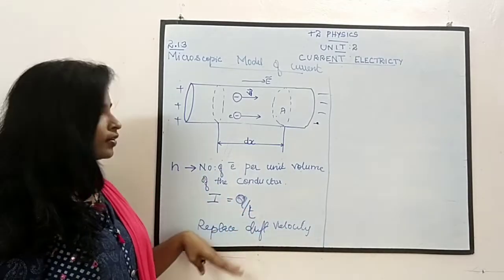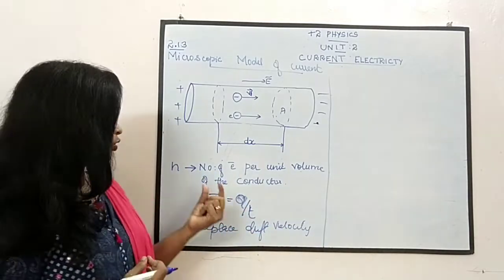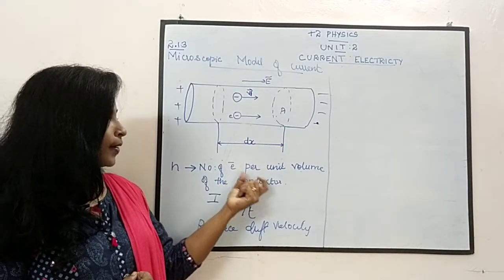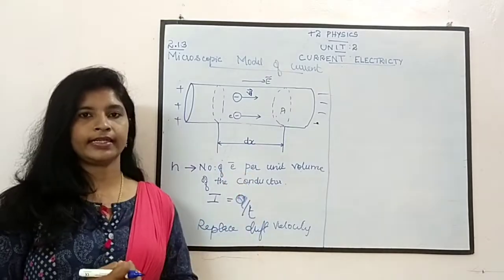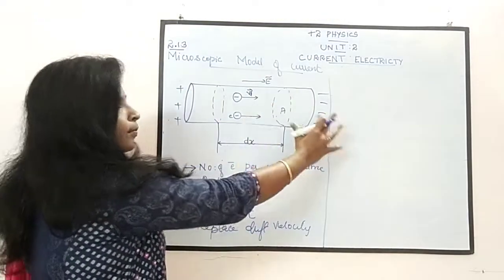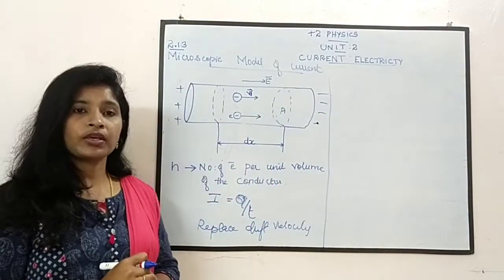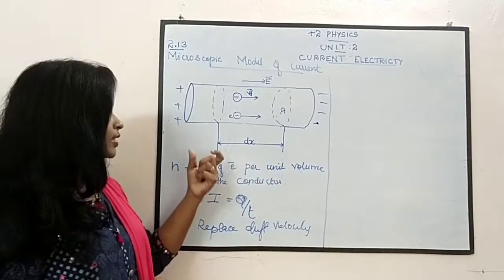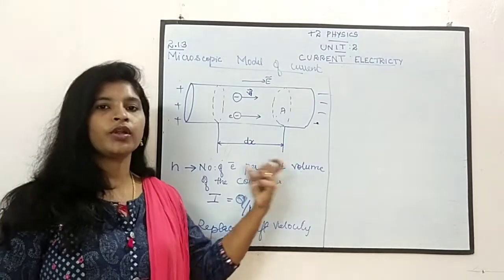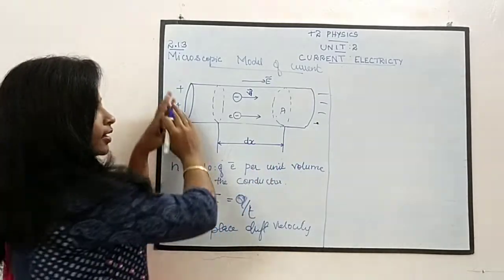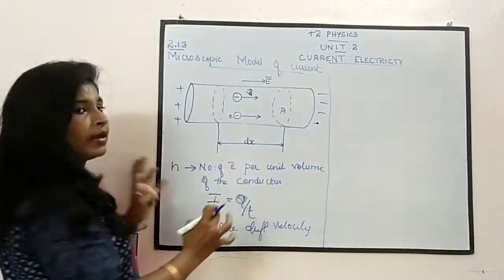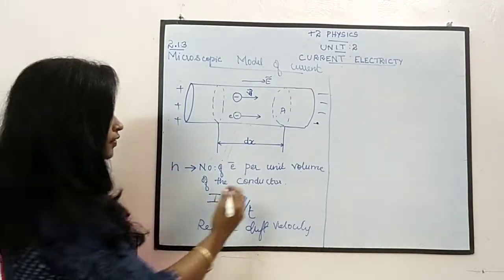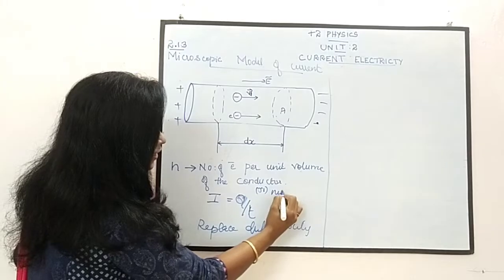For that I am going to introduce a new term, that is N, the number of electrons per unit volume of the conductor. Hereafter we will often use this term. In the conductor, how many electrons are there in 1 meter cube, that we will call small n, or simply number density.